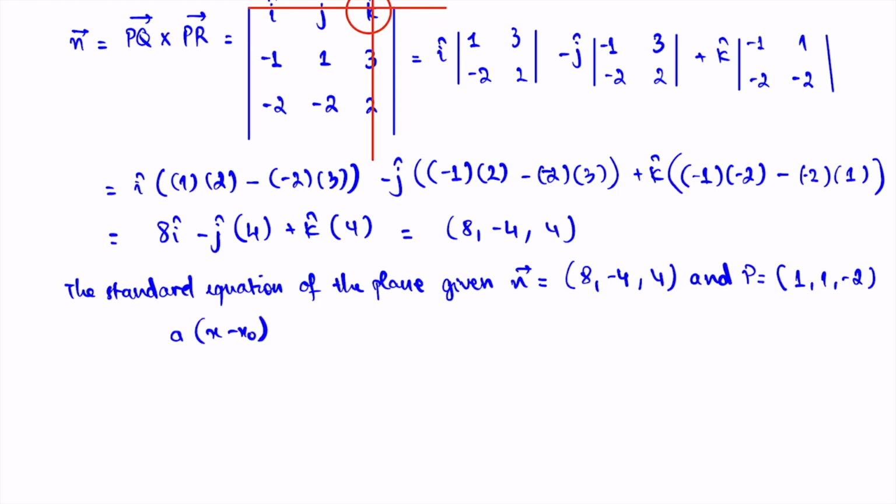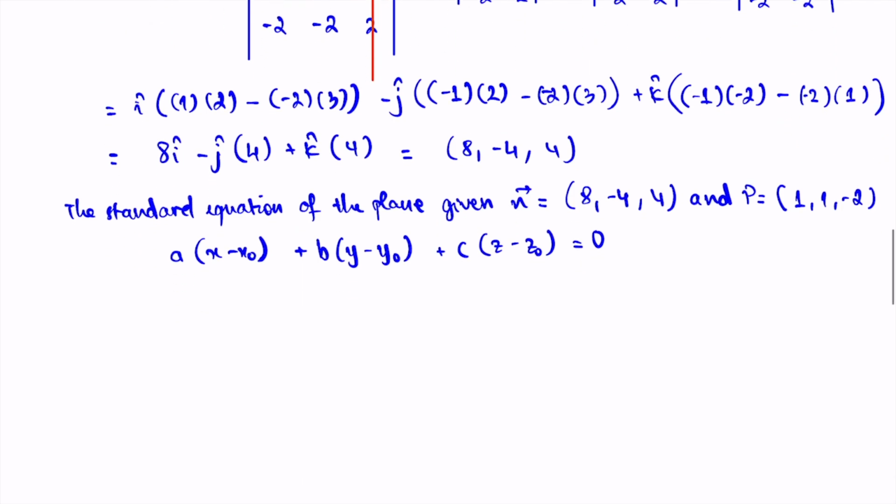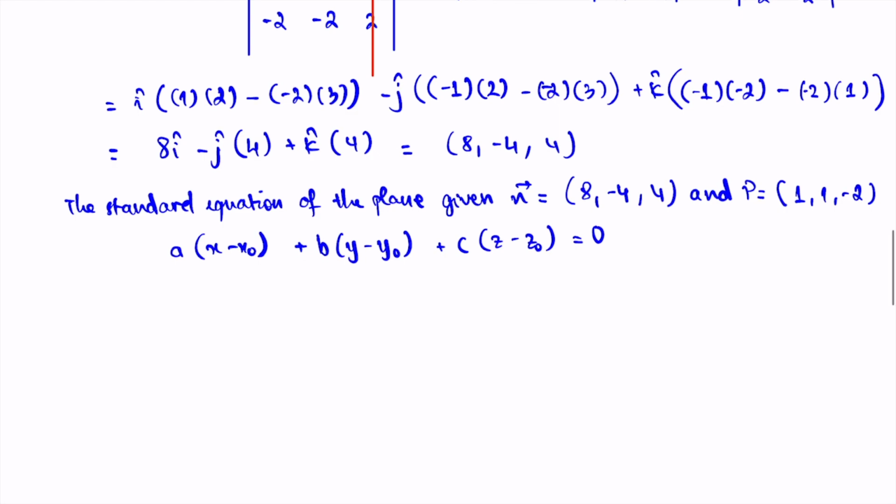So a times x minus x0 plus b times y minus y0 plus c times z minus z0 equal to 0, for a, b, and c equal to 8, negative 4, 4, and x0, y0, and z0 equal to 1, 1, negative 2.